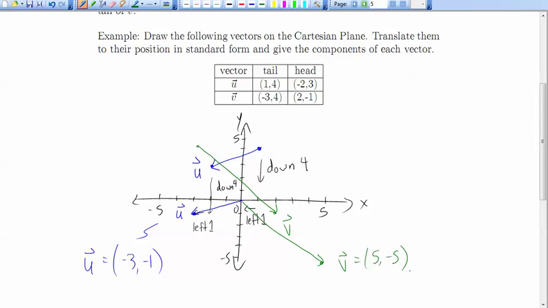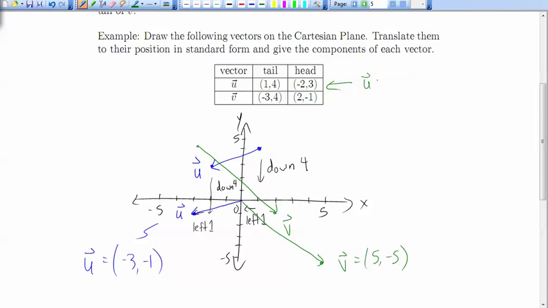Now there's a little bit of a shortcut. Can you see it? If I look at the coordinates of the head and tail of u, can you see a little arithmetic you can do to find the components of it immediately without having to do any drawings whatsoever? Well, if we take the coordinates of the head and subtract the coordinates of the tail, we're going to get it.